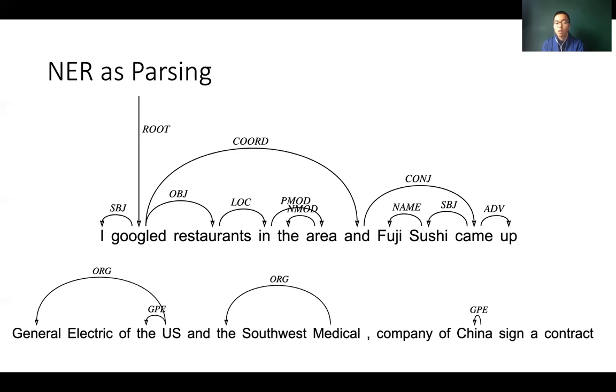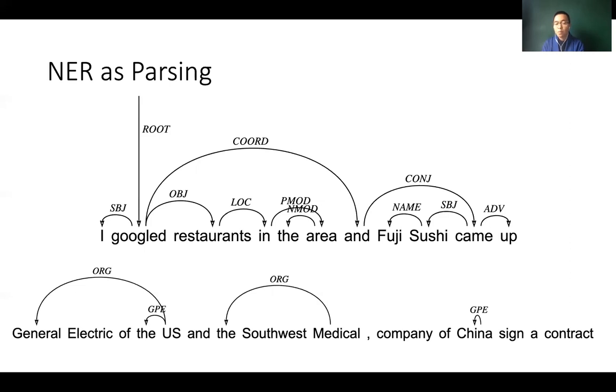First, not every start index will have a corresponding end index. Secondly, a start index can correspond to multiple end indices, such as our system allowing General Electric as one mention and General Electric of the US as another mention. So this is allowed.